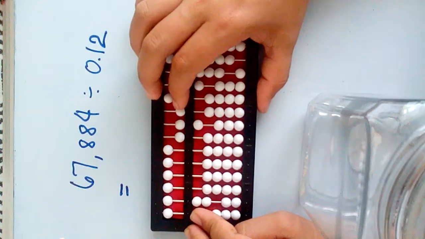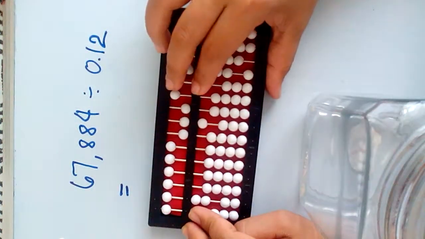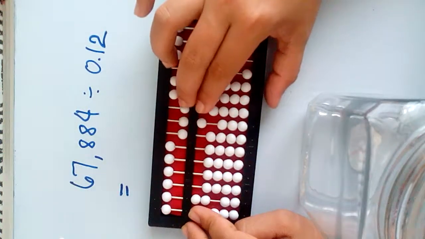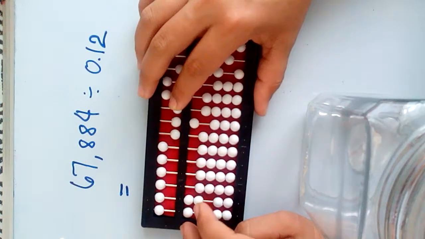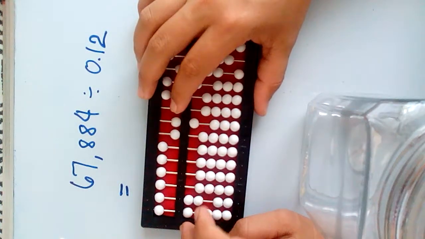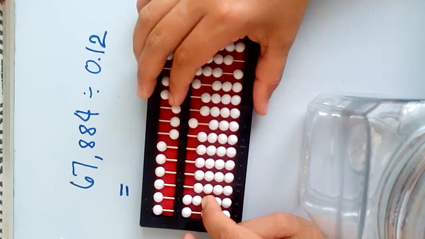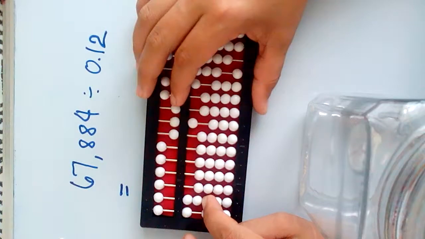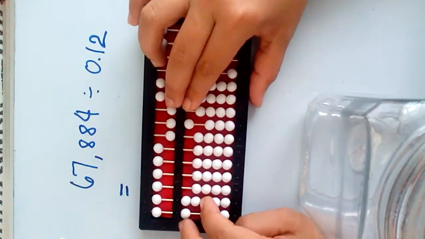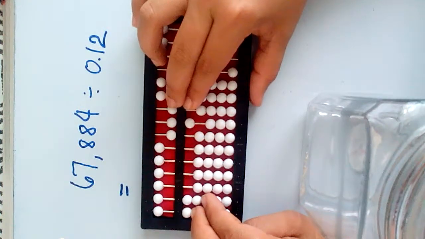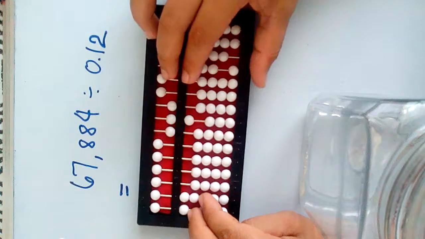So clear 5 right after the quotient 5 in the dividend, and then go back to quotient 5 again to multiply on the next divisor. 5 times 2 equals 10. Since this is on the second rod, skip a rod again going to the right from the quotient and then clear 10. Okay, so we have multiplied both numbers of the divisor, but we still have dividend to divide.